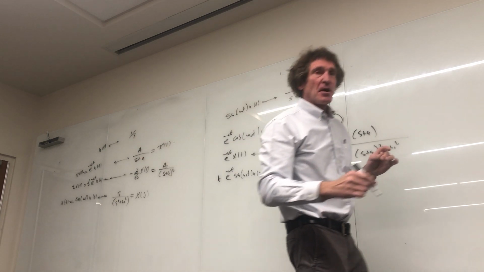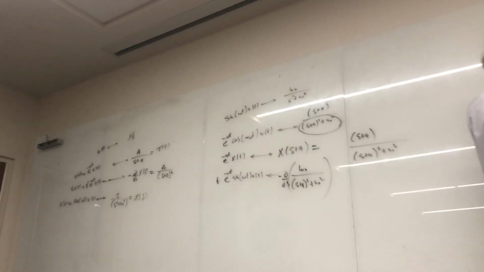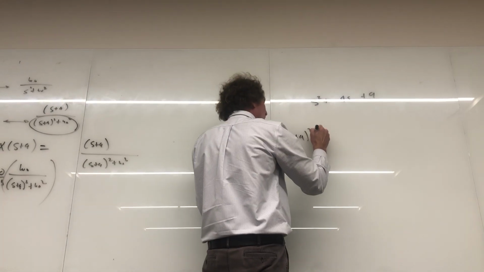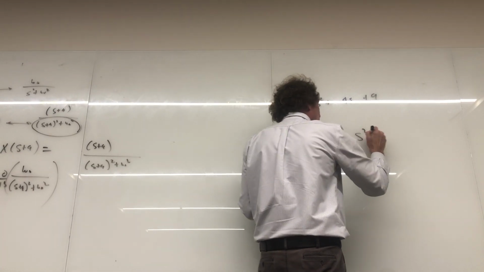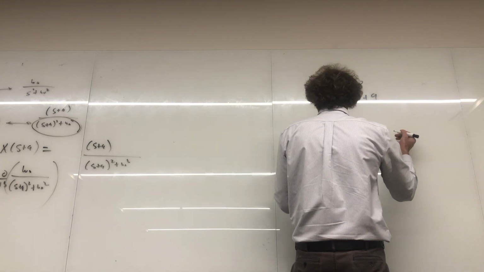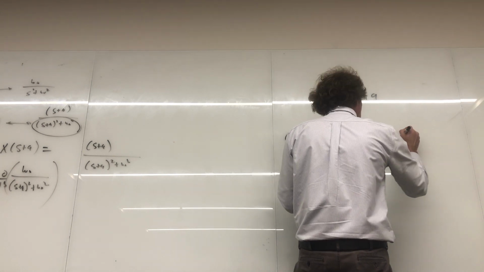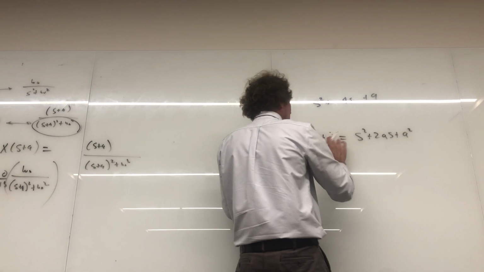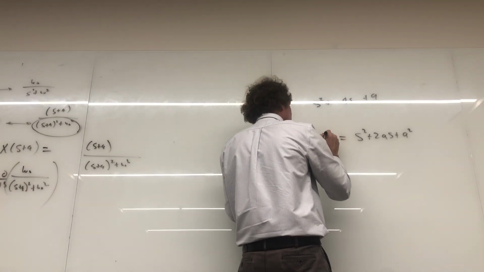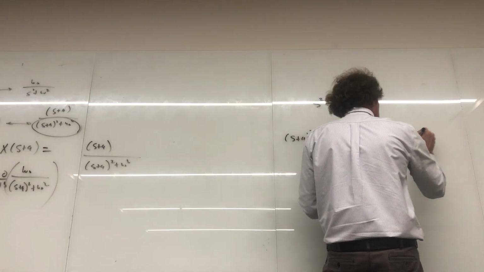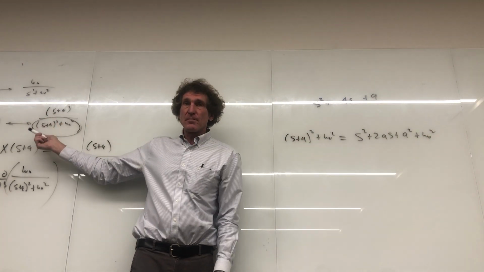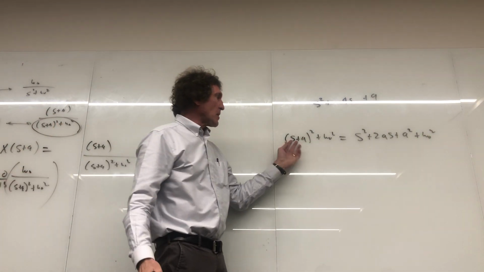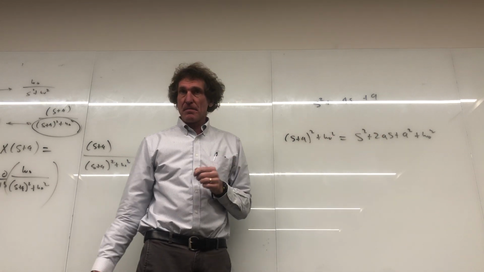But one thing I do know is that if I have s plus a squared plus omega naught squared, that becomes s squared plus 2a s plus a squared, plus omega naught squared. Now I just want you to see this. I've taken the form found there and done the squaring operation so it becomes that, all right?